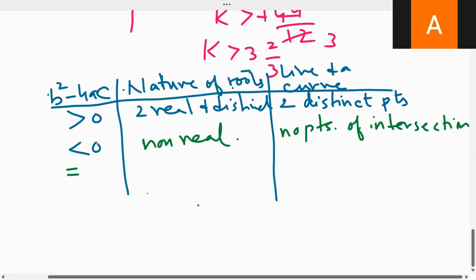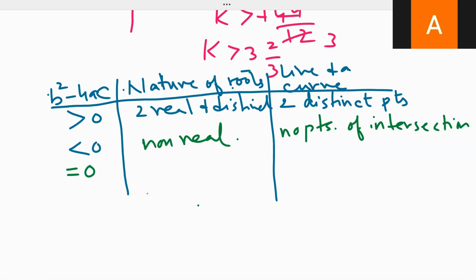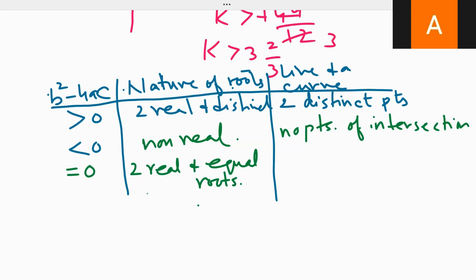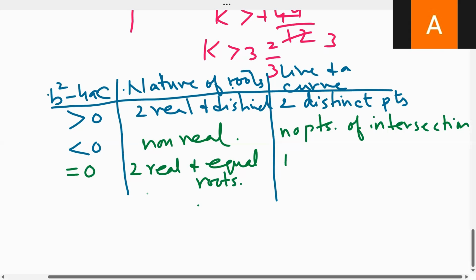And if it is equal to 0, then you get two real and equal roots, and because the roots are equal, there will be only one point of intersection.